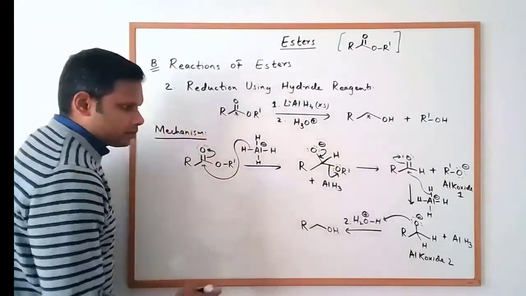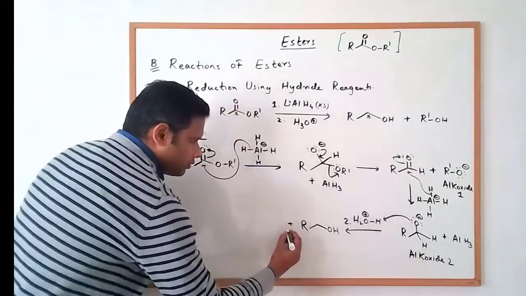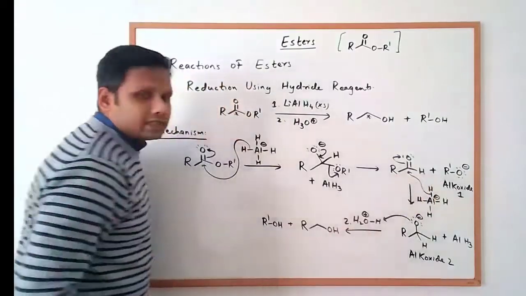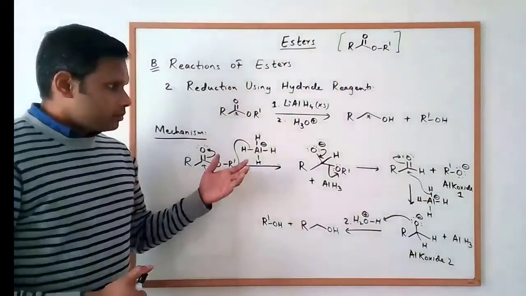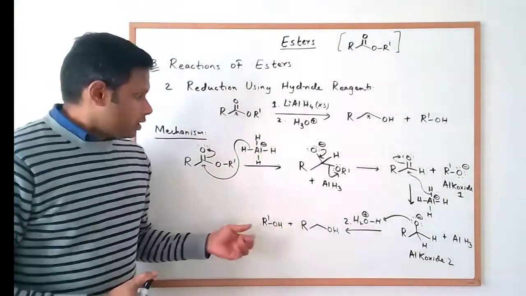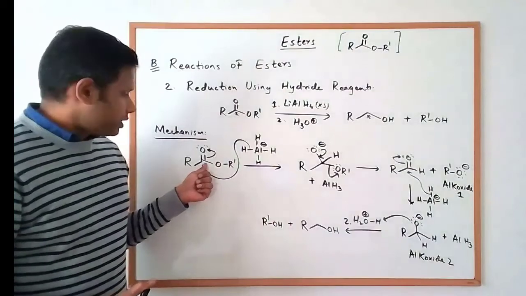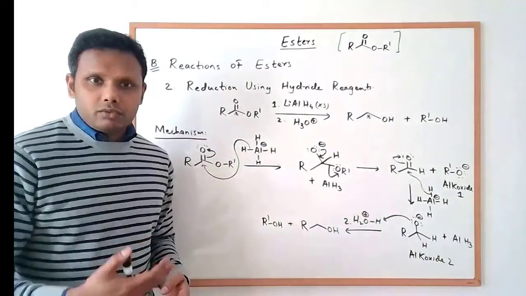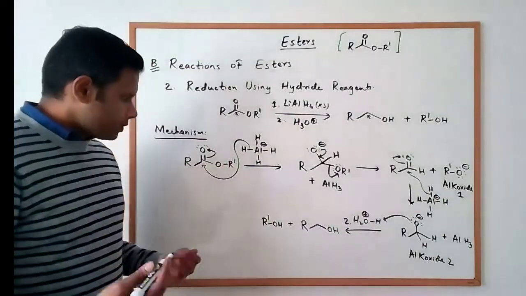We'll have alcohol from alkoxide 2. We will also have the alcohol from alkoxide 1. Like I said earlier, in most cases, you track the alkoxide that's coming from the acyl carbon, because that's the carbon which is reduced. So that's the one that we usually focus on.